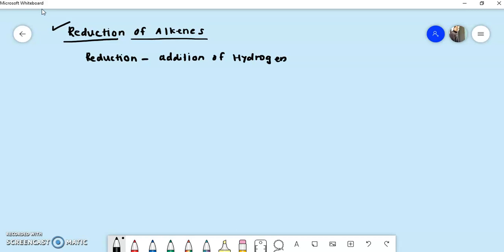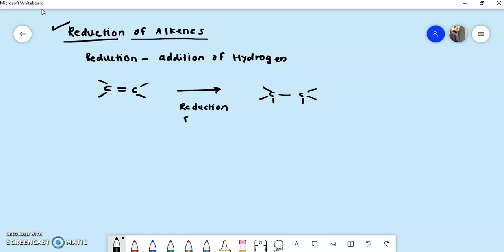So an alkene has a double bond in this way. Suppose this is the general alkene I have taken, and if I do this transformation, then this is called a reduction reaction.